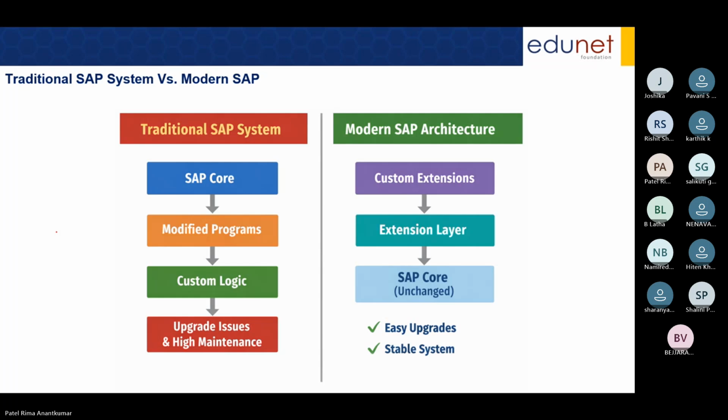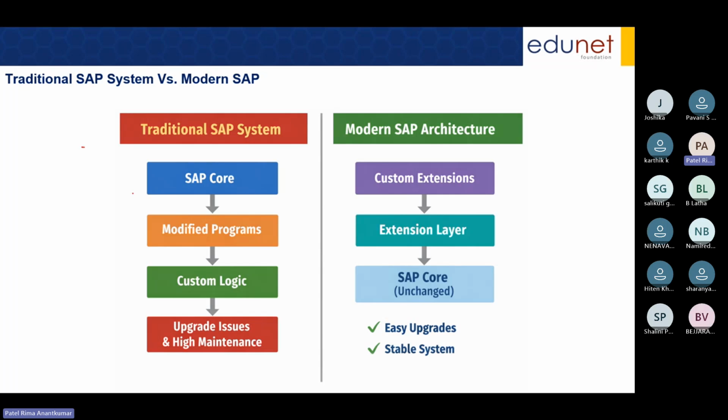Now let's look at the traditional versus modern system. What is the difference? In the traditional system, we are directly accessing the SAP core and modifying the standard programs, whatever logic we write.